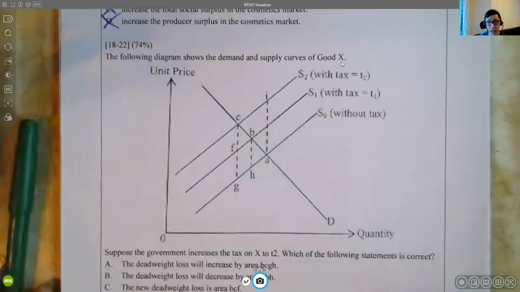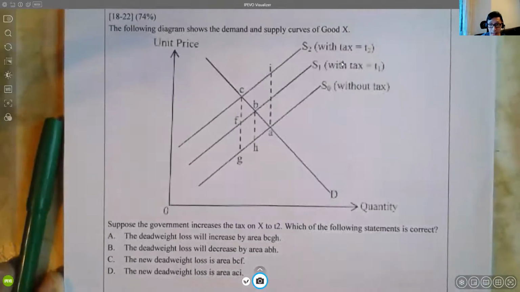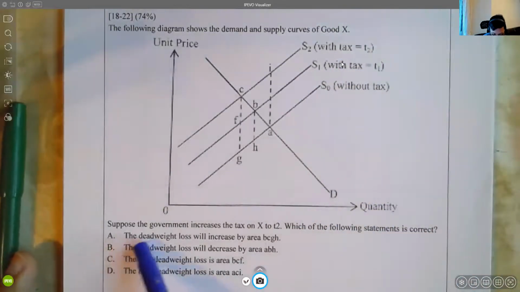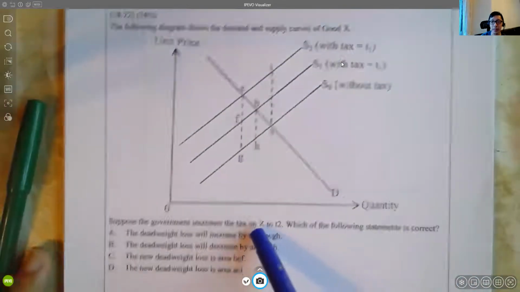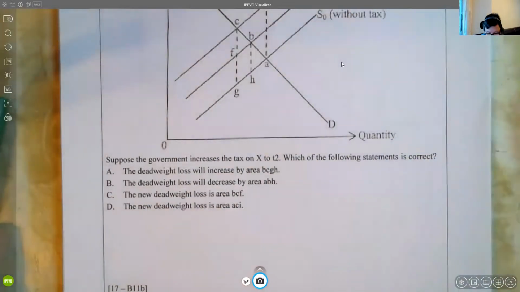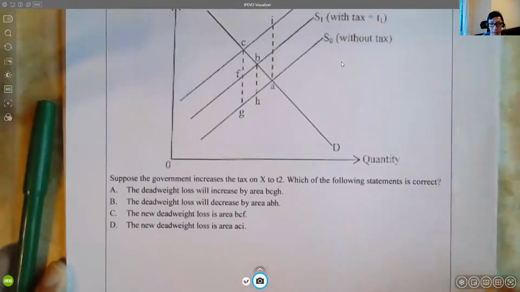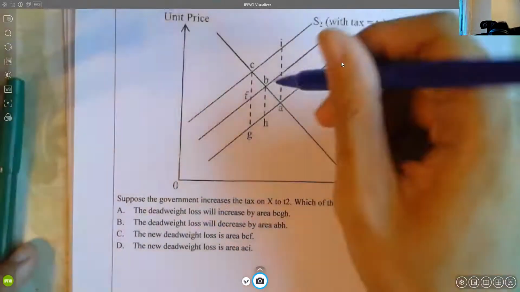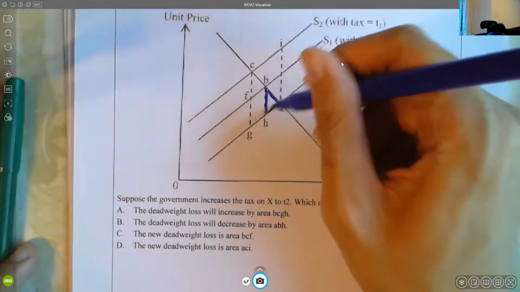Okay, now another one. 2018 question 22. 好㗎，here you will see, right? Without tax, T1, T2, 係咪？Now they say, suppose the government increased the taxation on X from T1 to T2. Which of the following statements is correct? The original T1, the deadweight loss is right here.